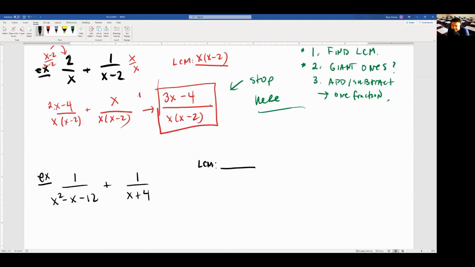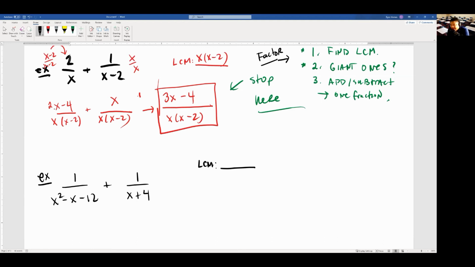Now, just like what we've been doing last week, it's sometimes easier to see this if we try to factor what we could factor first. I could add an extra step, but I don't really think it's necessary because it's all lumped into number one, finding the LCM.